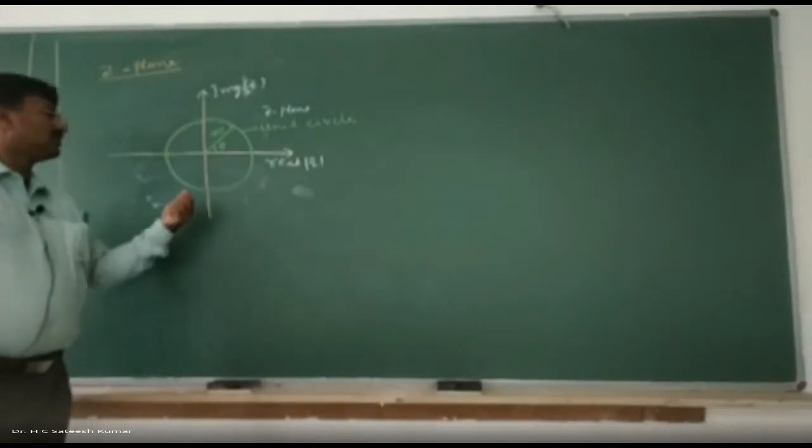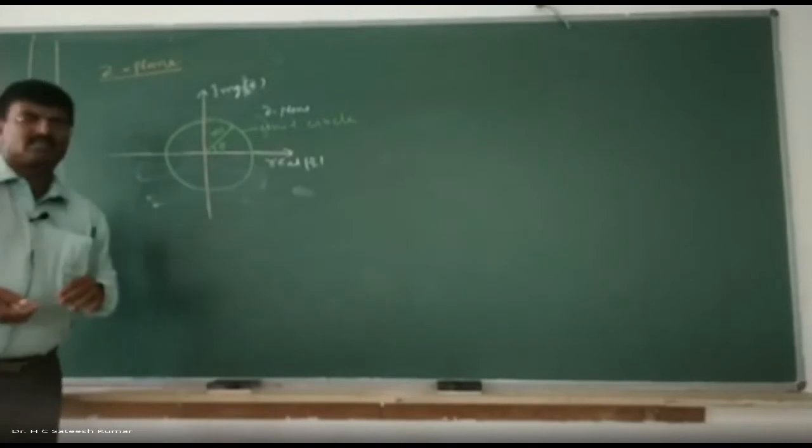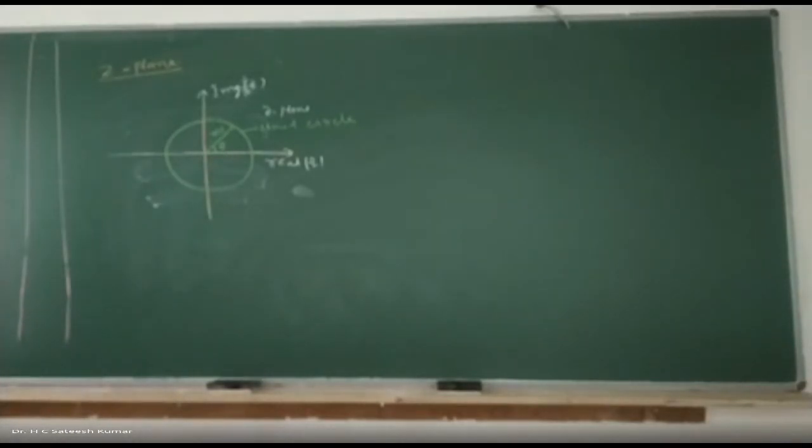So this graph is on the unit circle where Z transformation reduces to Fourier transformation.